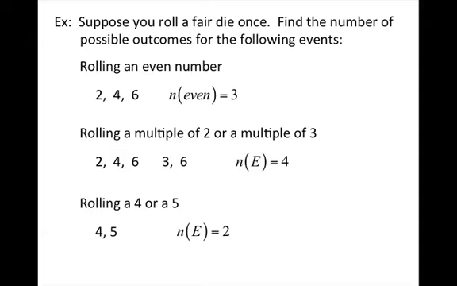Now, if I look back at my notation, in the first one I was considering rolling a prime number. So in the parentheses for my event, I just wrote the word prime. In the second example, I wanted to know the number of ways to roll an even number, so inside the parentheses for the event, I put the word even.